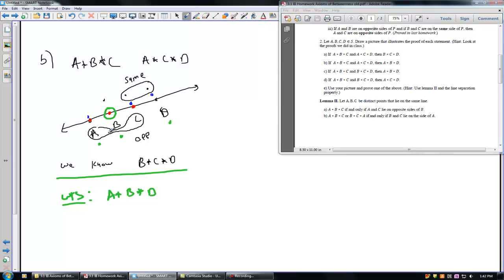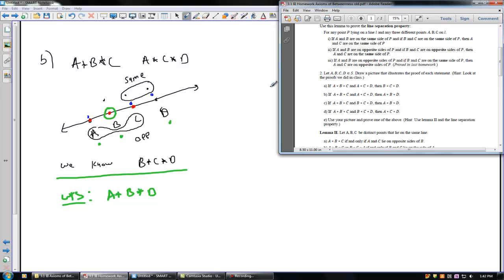So I have A and C on opposite sides, C and D on the same side. And so, again, I invoke line separation property 3, which tells me that A and D will be on opposite sides.